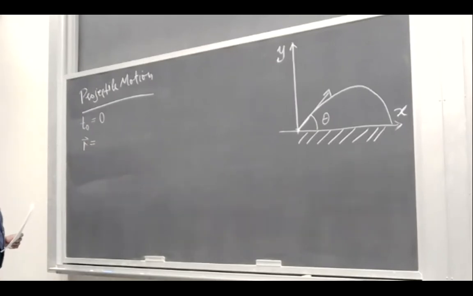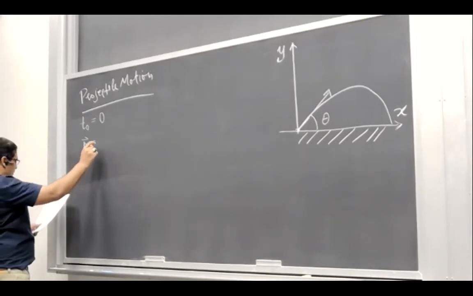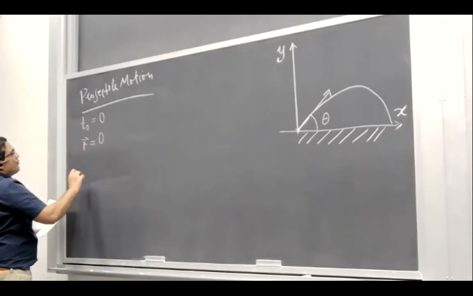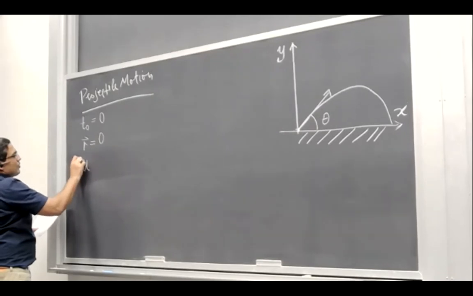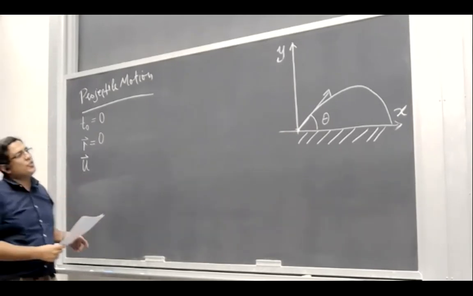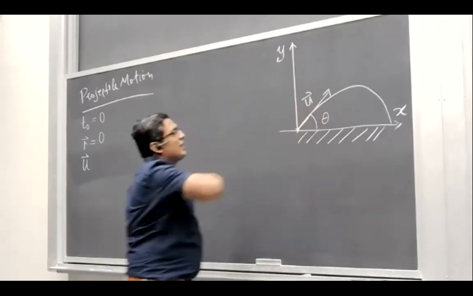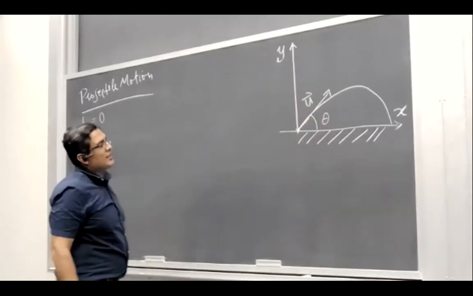We are dealing with 2 dimensions, and we would be using vectors to represent our position, our velocity, and the acceleration. Right? It is also 0, and the object is thrown with an initial velocity u, which is a vector as well. And the vector u is this, and it makes an angle theta with the x-axis or with the ground.